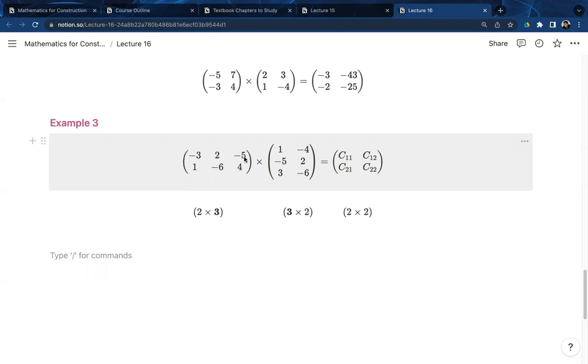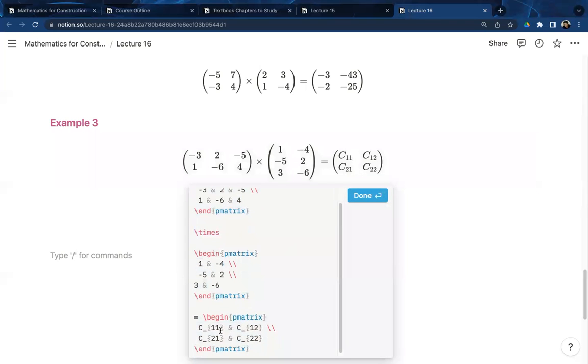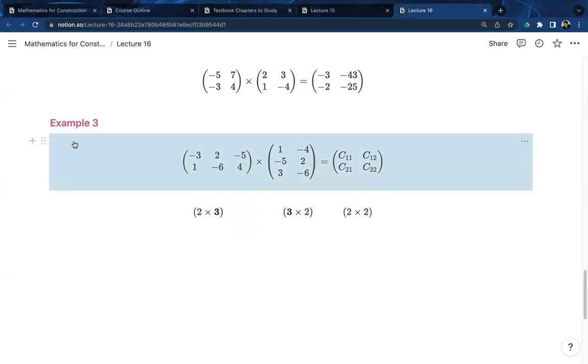Now this has 3 elements being multiplied by 3 elements. So the 3 will go with the 1, the 2 will go with the 5, negative 5 will go with the 3. So it's 3 sets of additions for this element, because our row has 3 elements, which is the same as the column, which has 3 elements.